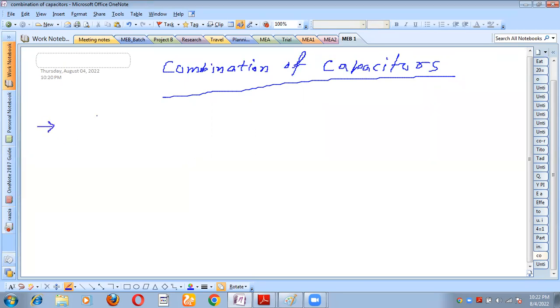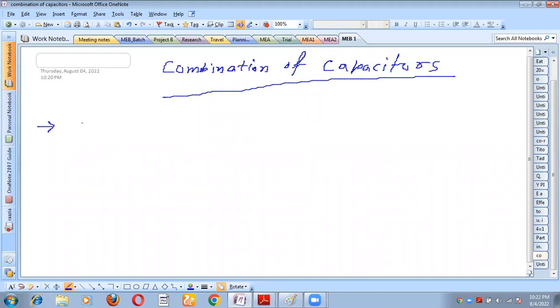Every cricketer knows how to play cricket, but how the concept is applied by a particular player depends. Everybody knows in series combination what happens and in parallel combination what happens, but how to apply those concepts in a given question comes from practice. The more you practice, the more easily you can solve the questions.